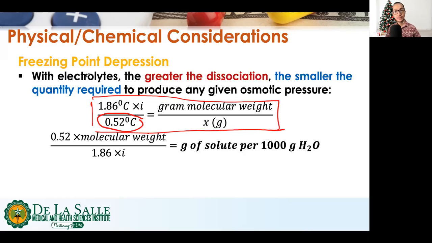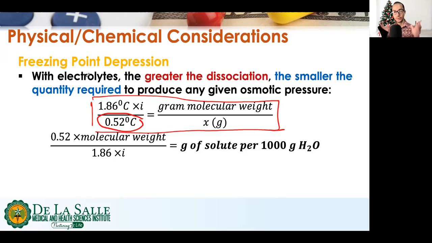Remember that freezing point depression is a colligative property. It only depends on the number of particles in a particular solution, not necessarily on the physical-chemical properties of the substance.